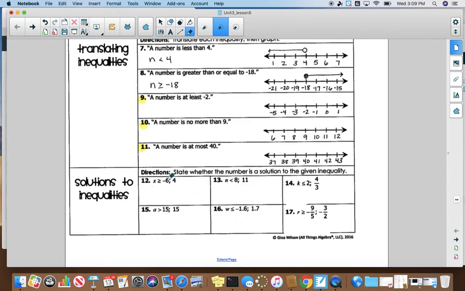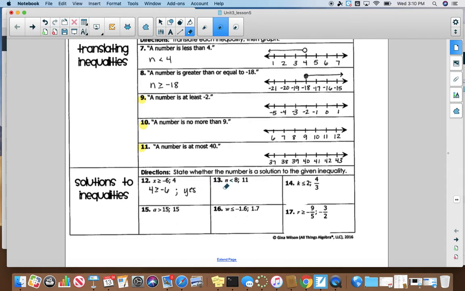Okay, solutions to inequalities. State whether the number is a solution to the given inequality. So x is greater than -6, semicolon 4. That's telling us we're going to put 4 in for x. So is 4 greater than -6? Yes, it is, when we look at the number line.